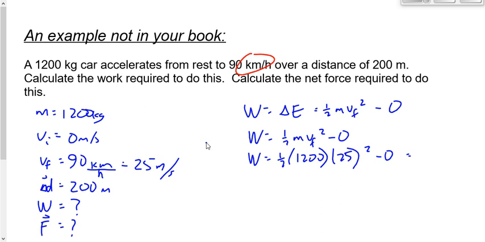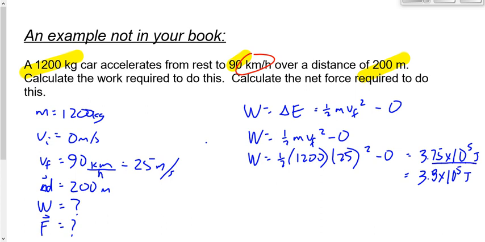We do that for this one, we get 375,000, 3.75 times 10 to the 5 joules, which we're actually going to round to how many digits? This one is 2 digits. Final answer should be 3.8 times 10 to the 5 joules.